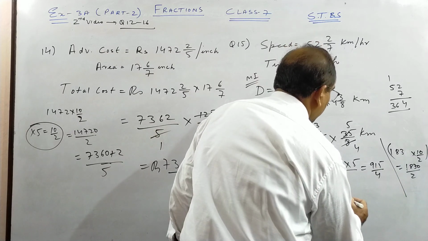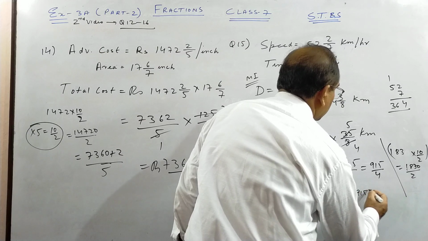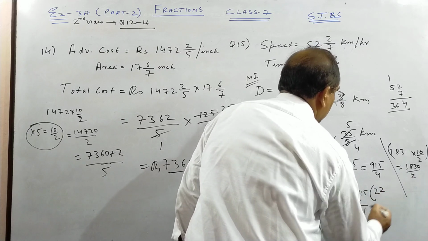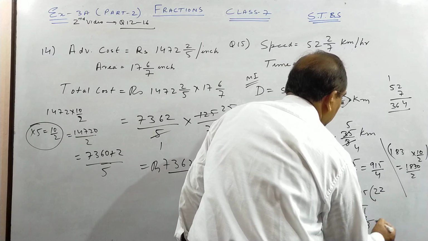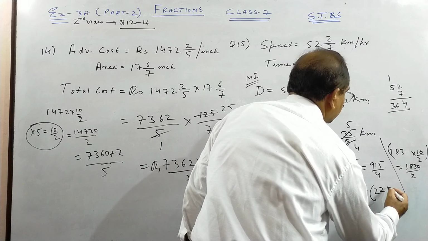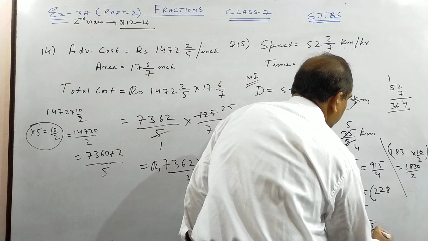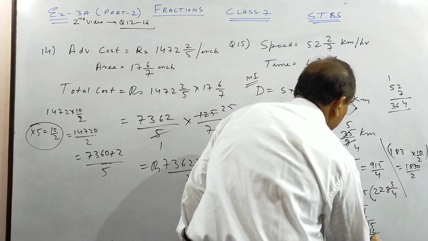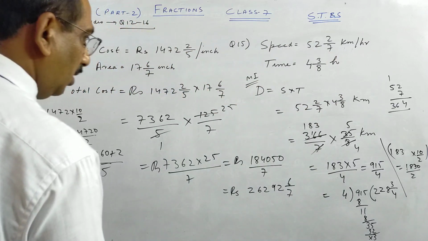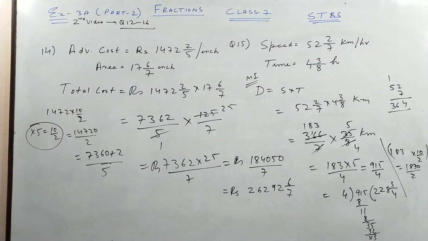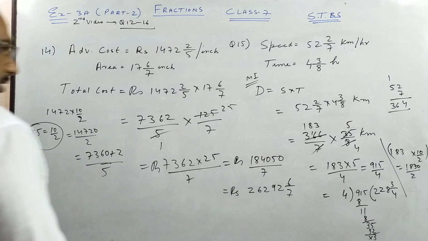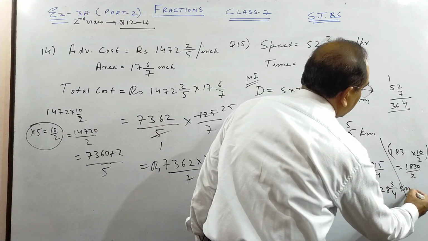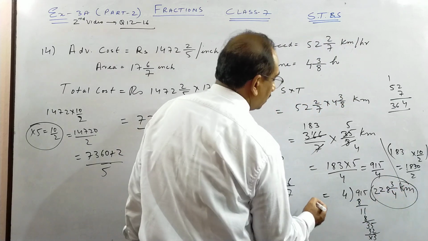So if you divide by 4, 915, 2 is 8, 2 is 8, 3, 5 will come, 8 is 32. So 3 by 4. So finally if you do, the kilometer will be 228, 3 by 4 kilometer. Answer will be in kilometer.